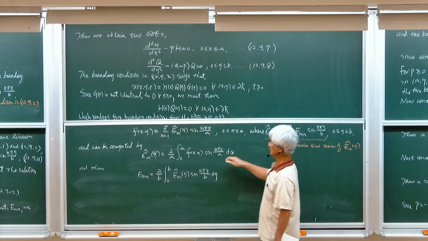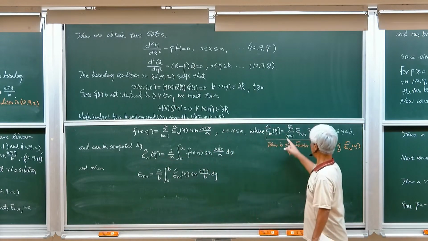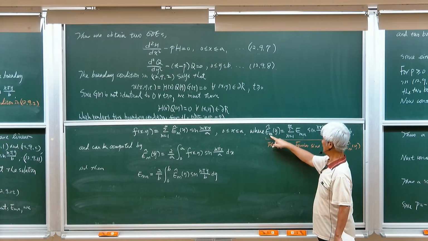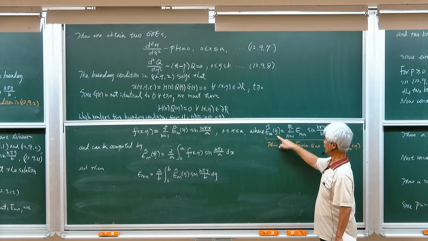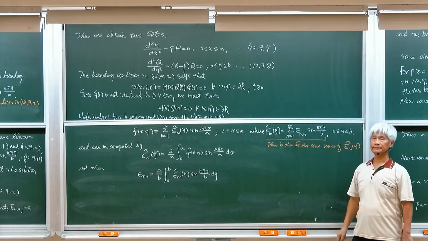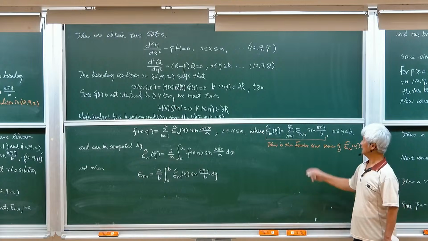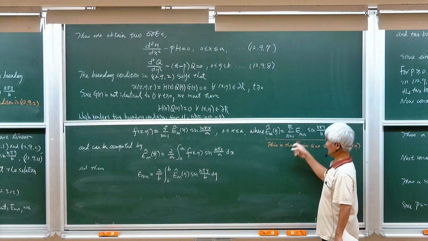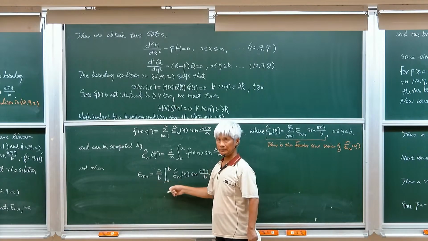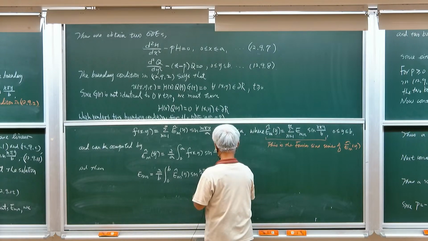Once we obtain the E tilde sub m of y, and because E tilde sub m of y has this Fourier sine series expansion, E sub mn can be obtained by this formula.